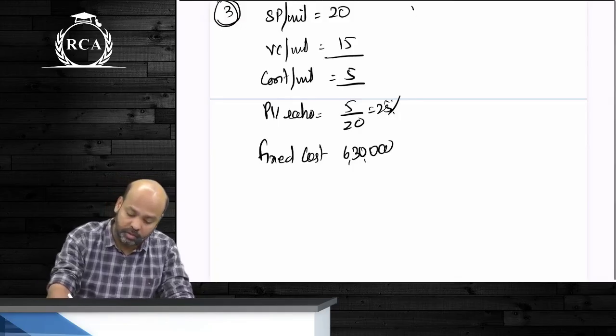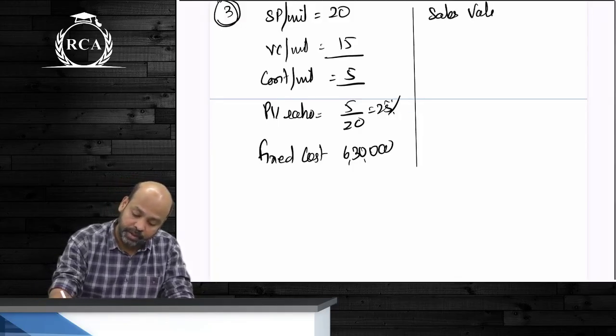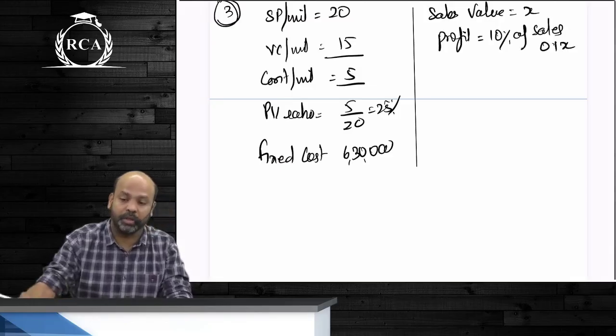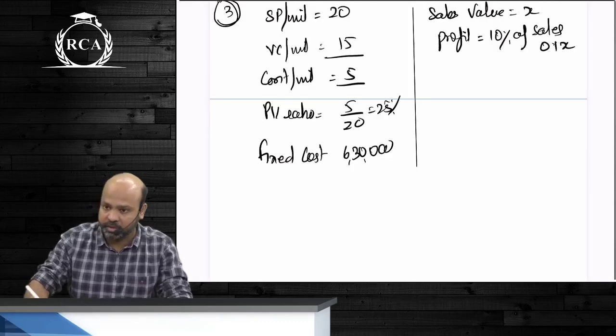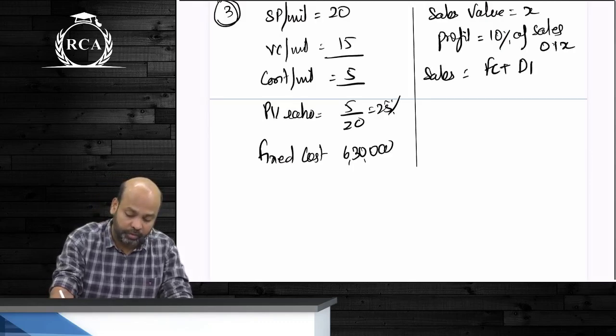Or if the sales value is x rupees, sales value x rupees अगर है, तो profit कितना हो जाएगा? 10% of sales, that is 0.1x. Just prepare the profitability statement and that will be the answer, guys. You know that sales will be equal to fixed cost plus desired profit divided by PV ratio.